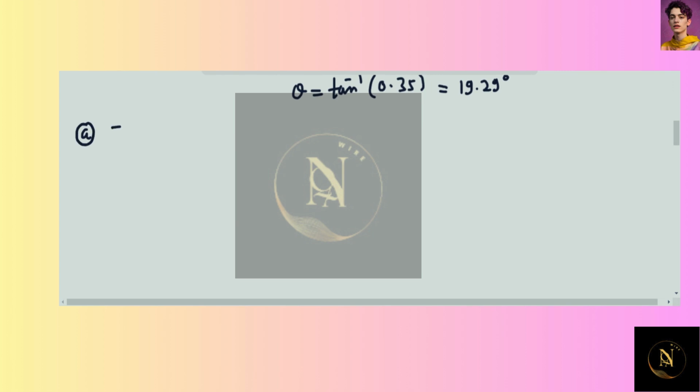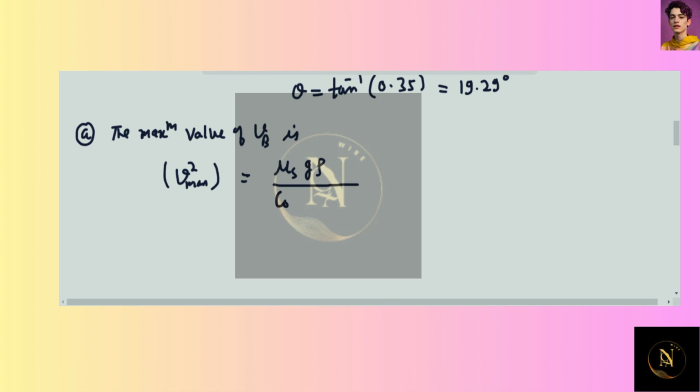The maximum value of velocity is v square max would be mu s g into rho upon cos of theta plus mu s sin of theta.